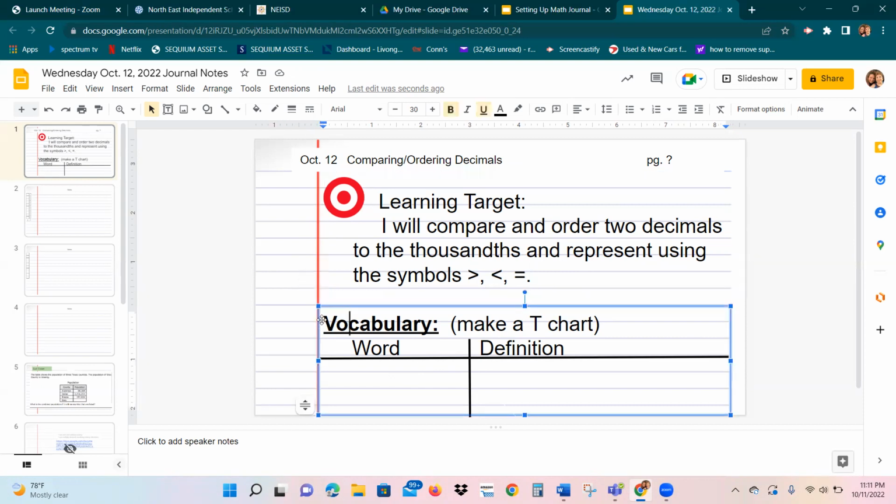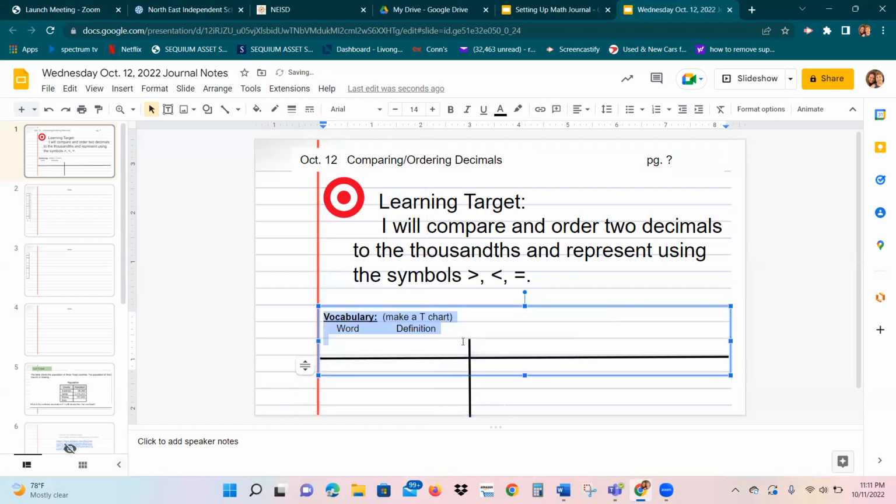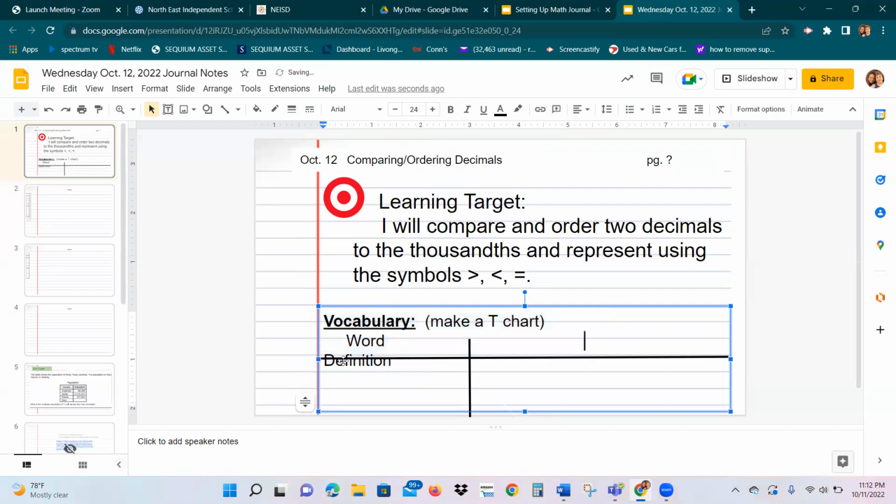Again, pause this at any time because I'm going to keep going. I'm just going to change this a little bit. You'll need to make a T-chart. I'm just going to make this slightly bigger.